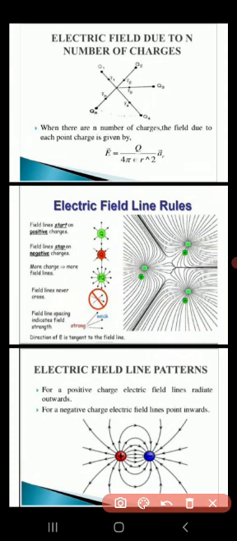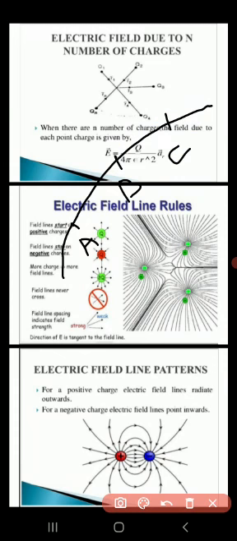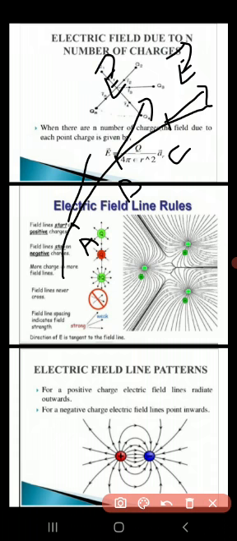Now, suppose this is an electric field line, a continuous curve, and on this curve we take three different points A, B and C. Now we draw tangents from points A, B and C, and these tangents give the direction of electric field at those points.